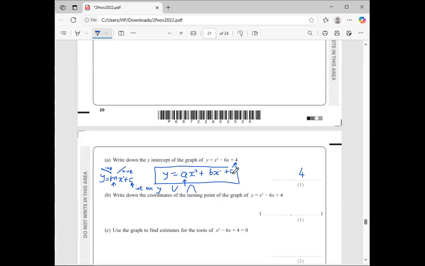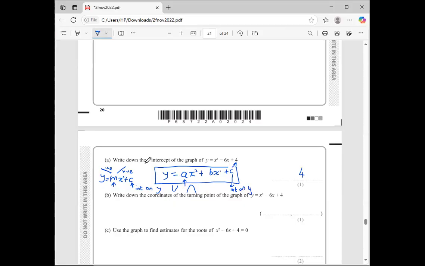Now, to the last letter, which matches closely with the one for linear. The last number that does not have any x in it is going to be what? The intercept on y-axis. So I'm going to do that here and call it the same thing we called it then. Intercept. I'm not going to write intercept in full. Intercept on y. Which is what this question is testing our knowledge of.